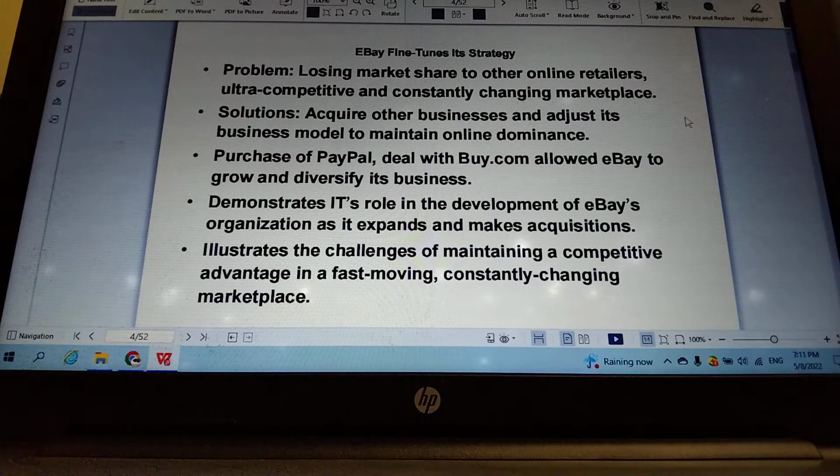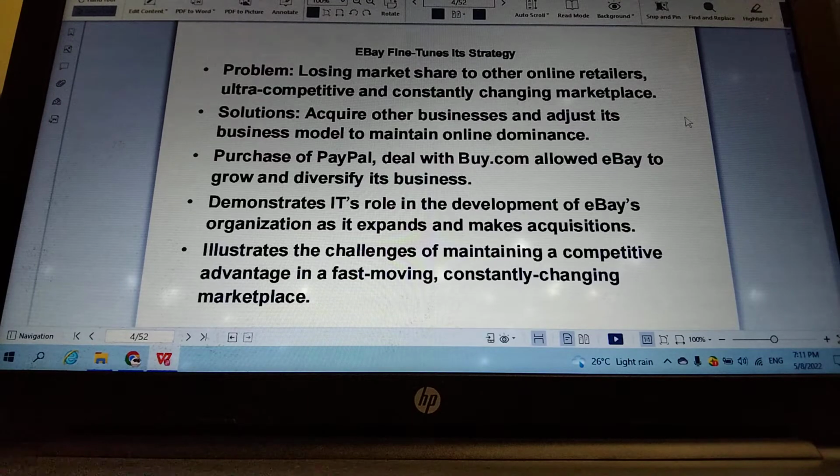The deal with Buy.com allowed eBay to grow and diversify its business. So that was another action taken by eBay in order to overcome this problem, where they purchased PayPal, which is a very popular, reliable payment mechanism, and also made a deal with Buy.com. So that's how they expanded their operation, so that they can stay competitive with other online retailers.